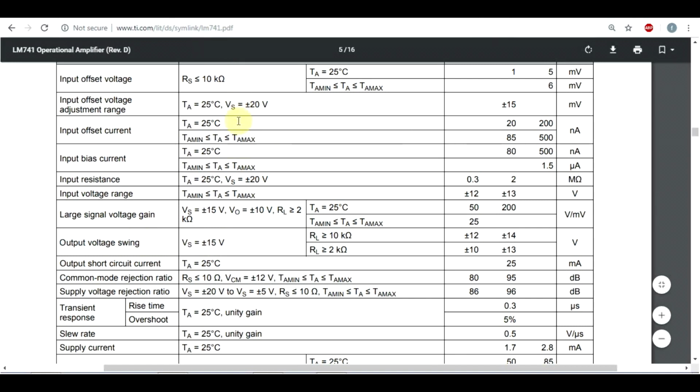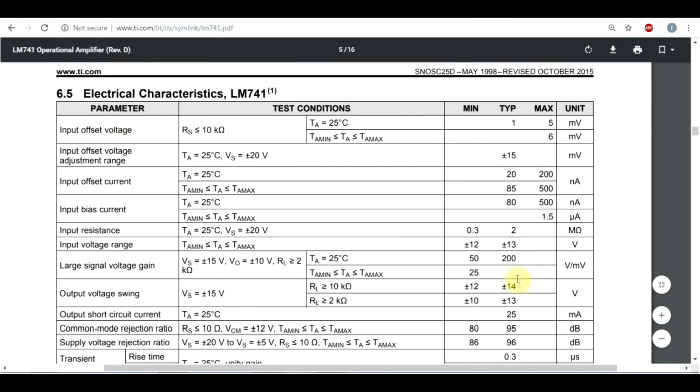Now for the 741 op-amp, for a supply voltage of plus minus 15 volts, we've got two values here in our typical category. So we got an output range of plus minus 14 when the load is higher than 10 kilo ohms, and plus minus 13 when we're talking about smaller loads, so somewhere between 2 and 10 kilo ohms. So again, we've got a certain voltage limitation from each of the two supply rails, either 1 or 2 volts.